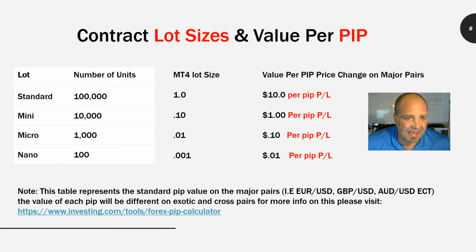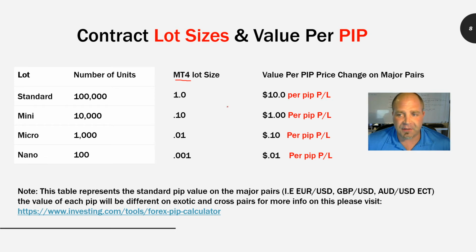So a standard lot is 100,000 units. So if you're buying euro US dollar, you would just buy 100,000 worth of euro. Now, in MT4, which I told you guys to learn, that's going to look like you're going to put in a position of 1.0.